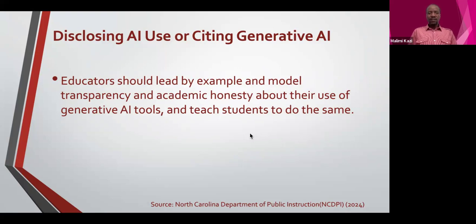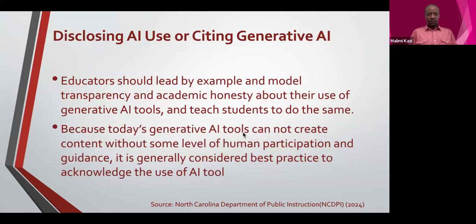We need to acknowledge or disclose that specific maybe document or presentation was produced with the help of AI tool. Because today's generative AI tools cannot create content without some level of human participation and guidance, it is generally considered best practice to acknowledge the use of AI tool.